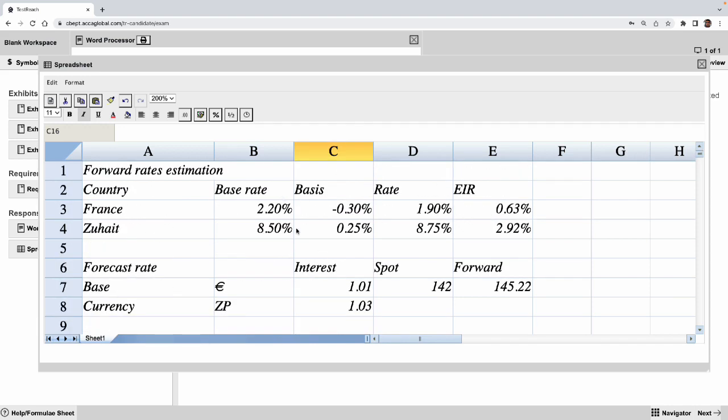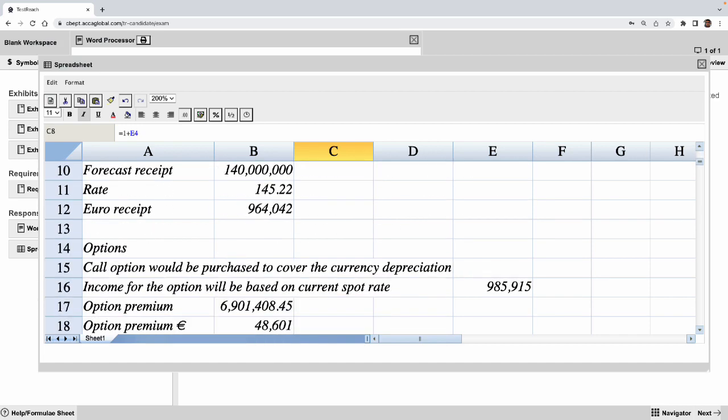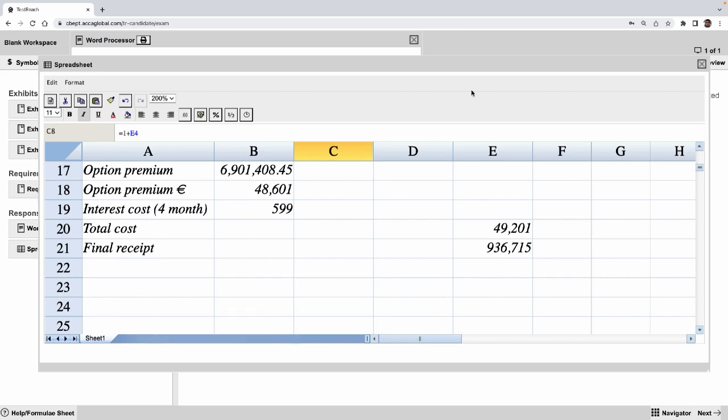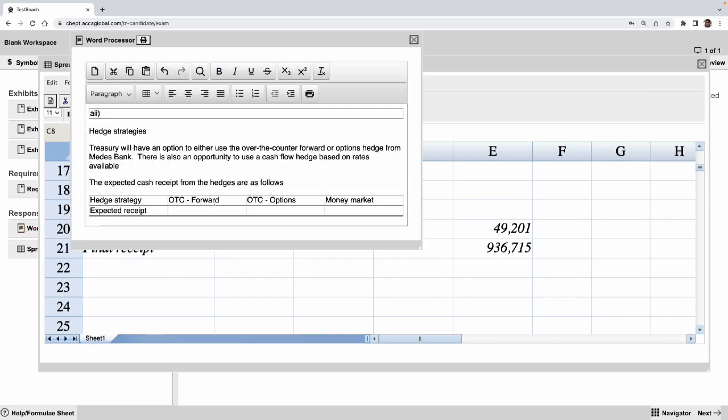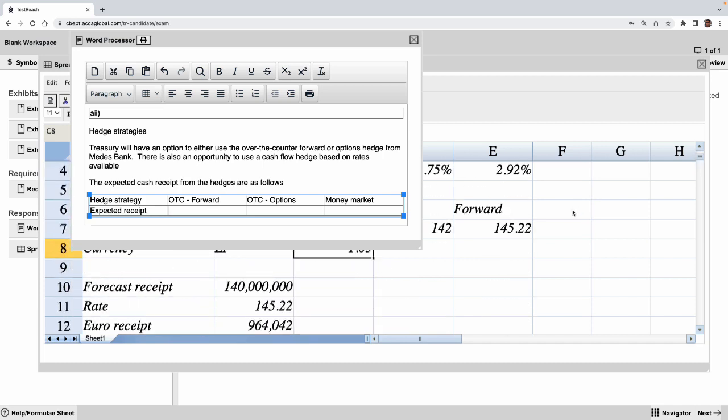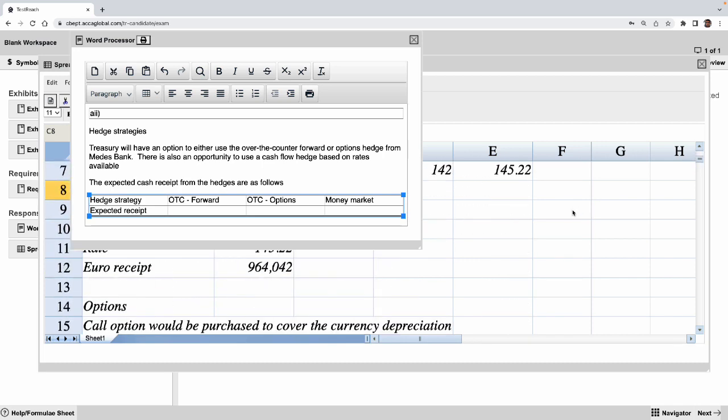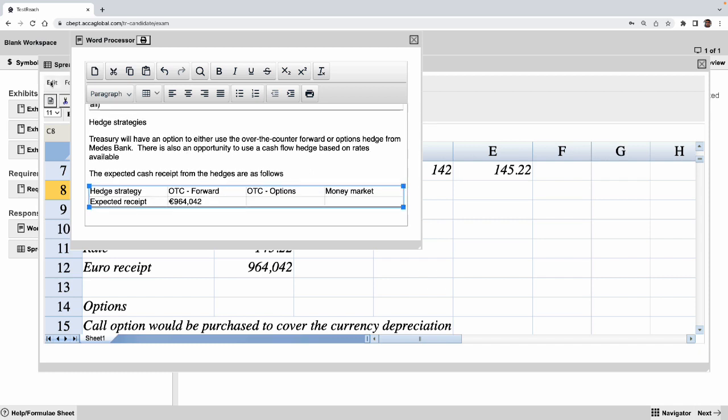You okay? All okay? So we got our numbers here. I can put these numbers inside the word processor, and we can say the forward contract is giving us 964,042. I'm going to put the euro symbol, and insert the symbol.